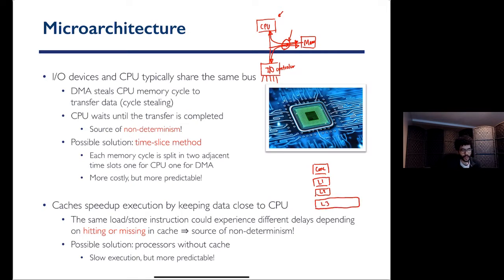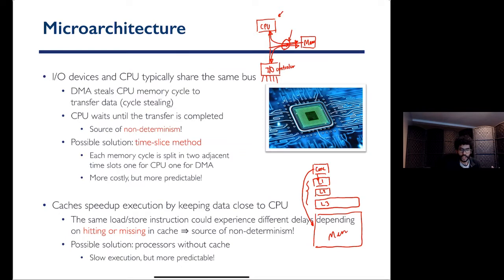Now, caches are good because they're fast. So instead of the core going to memory, which is slow, it goes to its caches to fetch data. And the closer the data is to the core, if it is in L3 or L2 or L1, the faster the memory access will be.